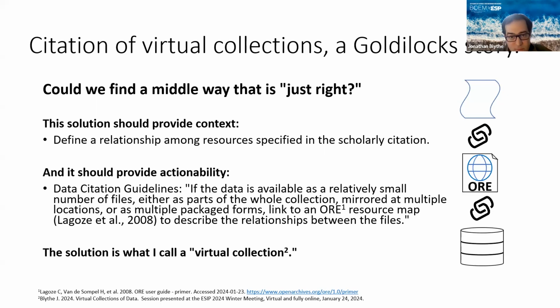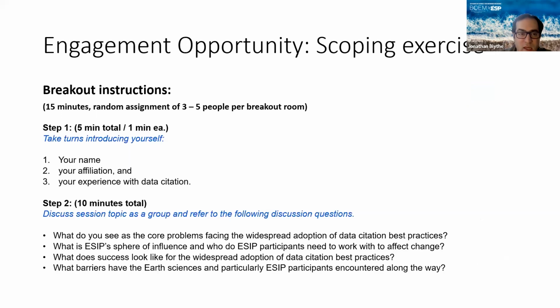And that provides a just right solution for this use case. But with one slight addition, and that's what I'll call virtual collections, which I'll get to present later after a short breakout session.